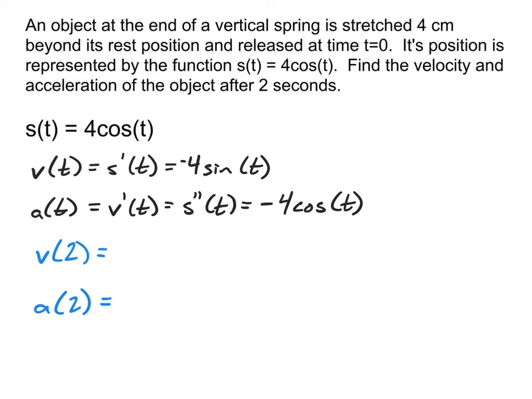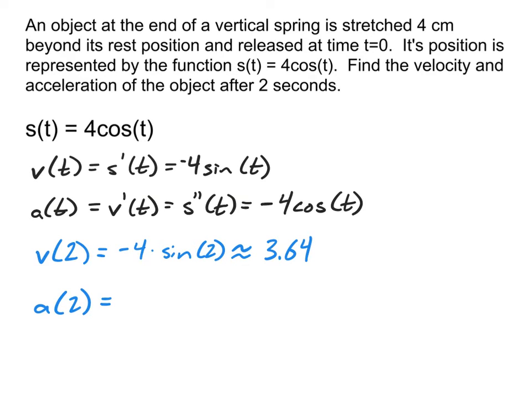So for v of 2, we're going to do negative 4 times sine of 2, which is going to be negative 4 times about 0.909. Don't round in the middle, multiply that by the negative 4, and when you do that, we end up with a big long decimal. I'm going to go ahead and just round it to 2 decimals as an arbitrary choice. There's nothing magical about that particular one.